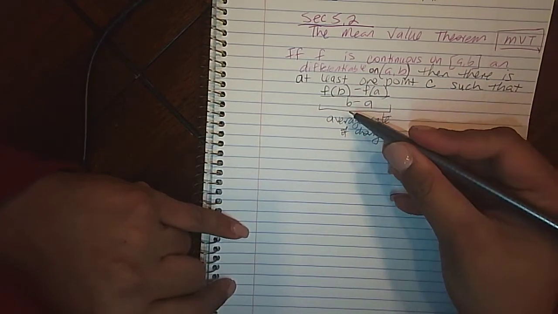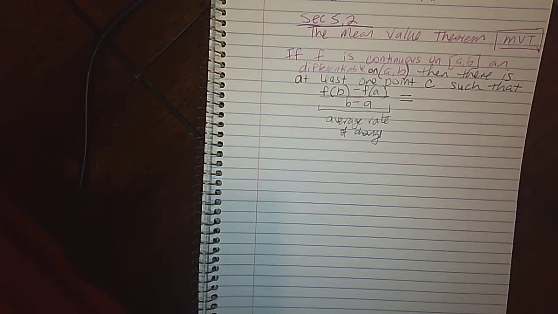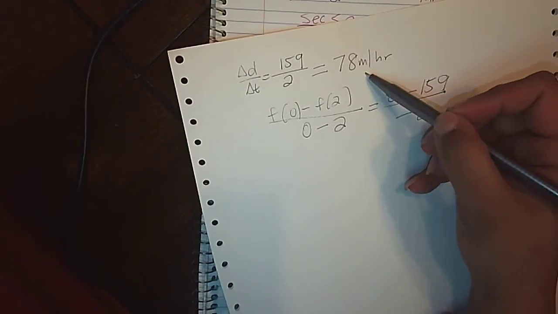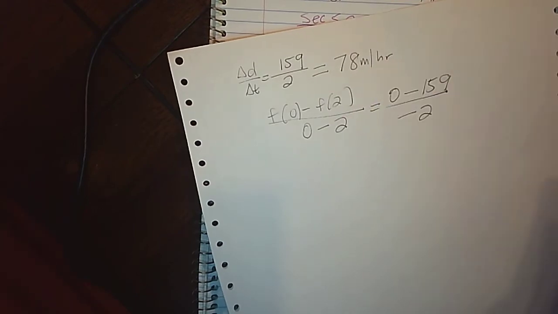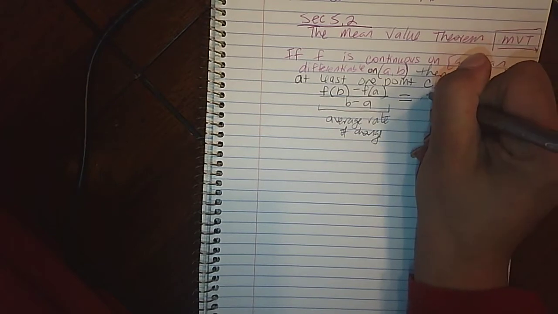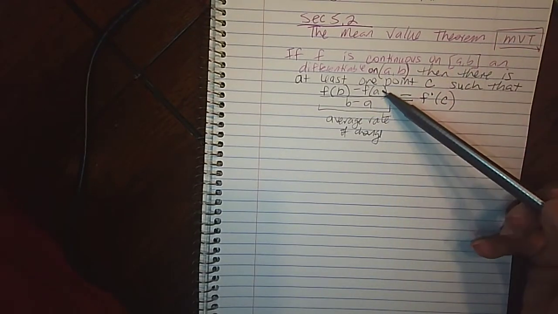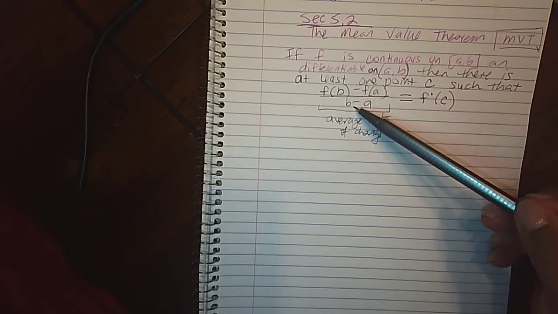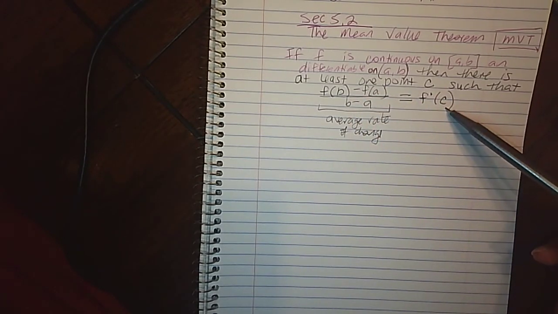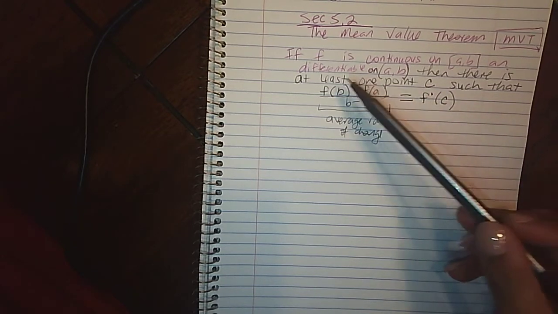So, such that the average rate of change equals the instantaneous rate of change, that her average speed is going to equal her instantaneous speed. And if it's instantaneous rate of change, you know that's the derivative, and it's the derivative at c. So one more time, the trucker's average speed must equal her instantaneous speed at one time, which is sometimes c.